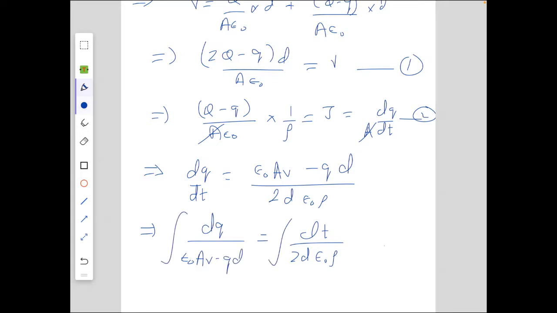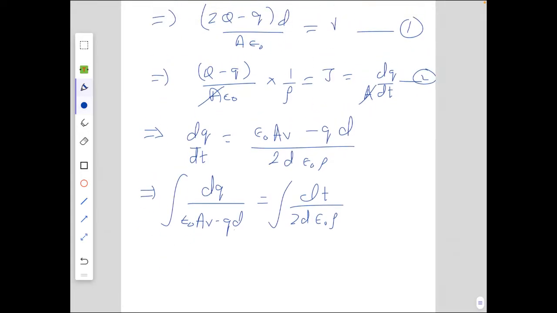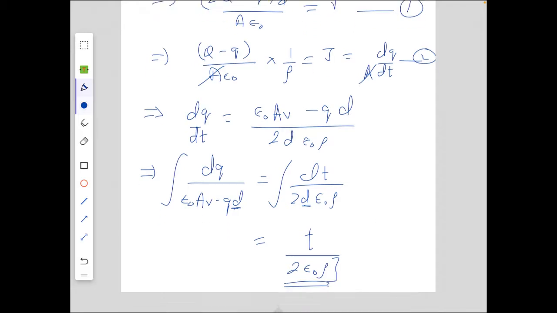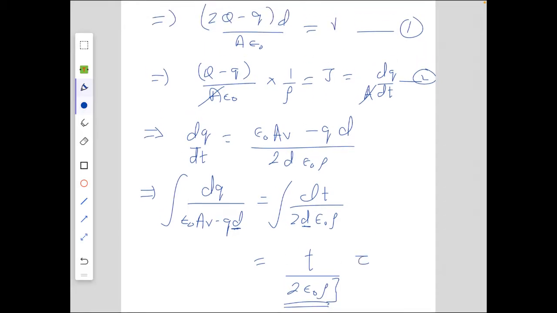Integrating this, a factor of d will get cancelled. So we can clearly see that the right hand side becomes something like t by 2 epsilon naught rho. So this is of the form t by RC. This is the time constant we needed to find. So the time constant, or tau, equals 2 rho epsilon naught.